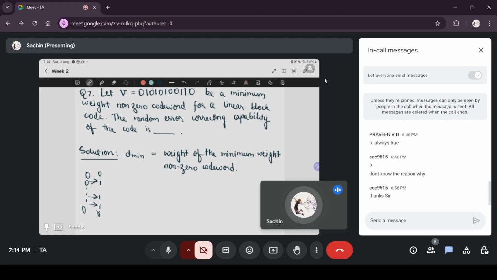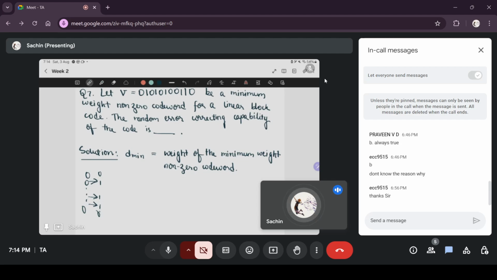So when you have the zero code word and some other code word, this distance will be nothing but the number of places where 1 occurs, which is nothing but the Hamming weight of this code word. So this is a distance between two code words. This could be the minimum.